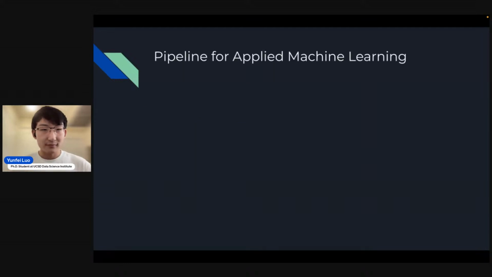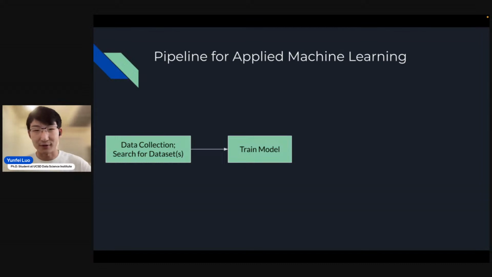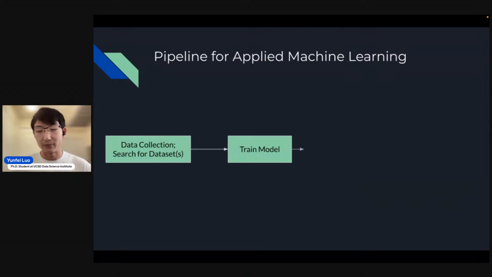So the traditional pipeline for machine learning, I think, was also already introduced in a previous workshop. First of all, we have data collection, and then we have to construct a model to design how the model looks, and then we train the model based on the data we have.